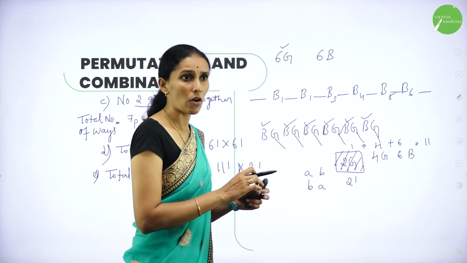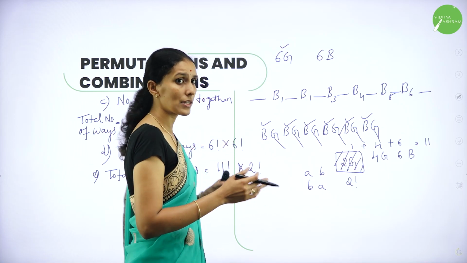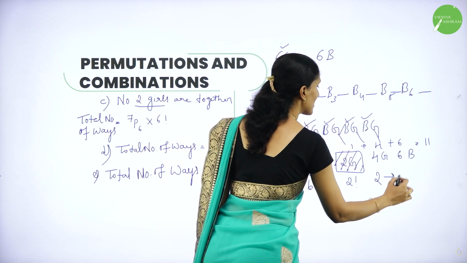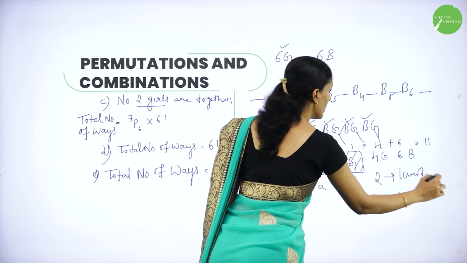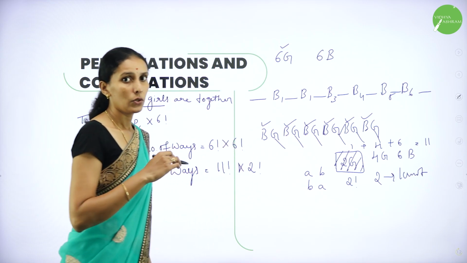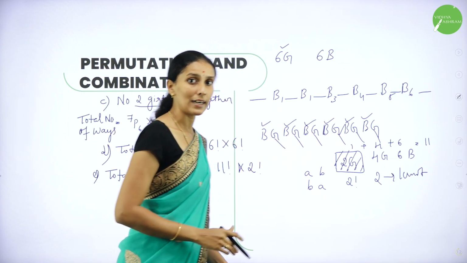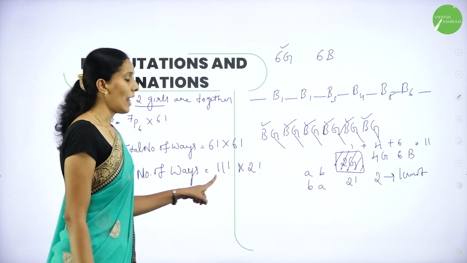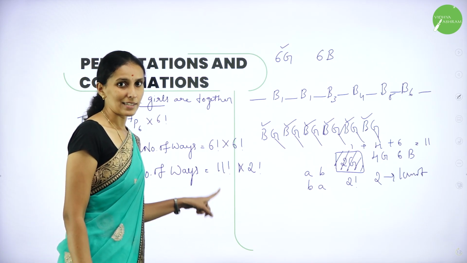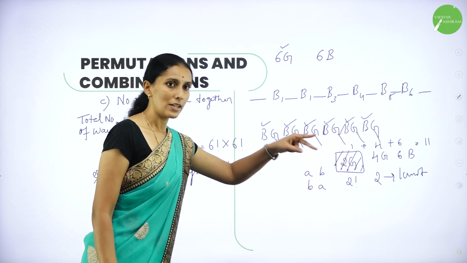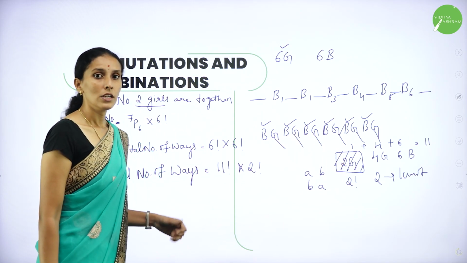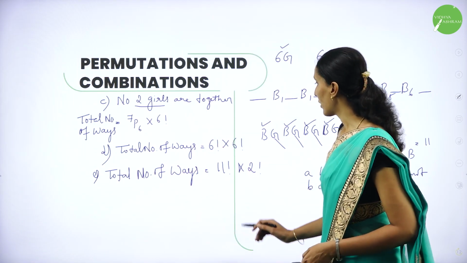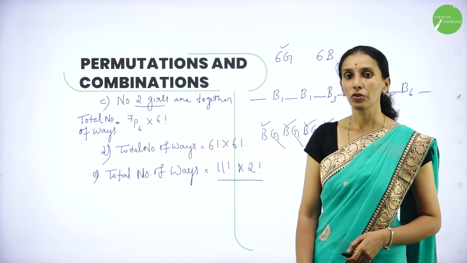They can be together or like boys, girls, girls, boys. So the remaining units are 1 plus 4 plus 6, that is 11 objects. 11 objects in different ways is 11 factorial, and the 2 girls in 1 unit have 2 factorial. So my total number of permutations here is 11 factorial into 2 factorial.